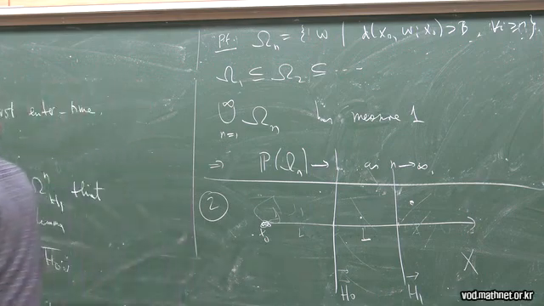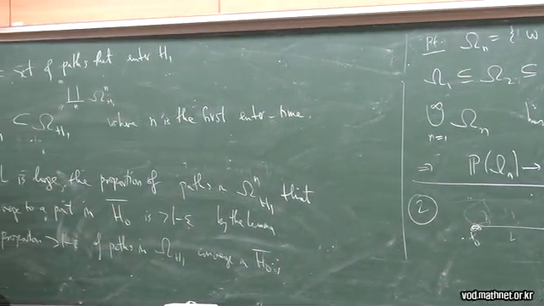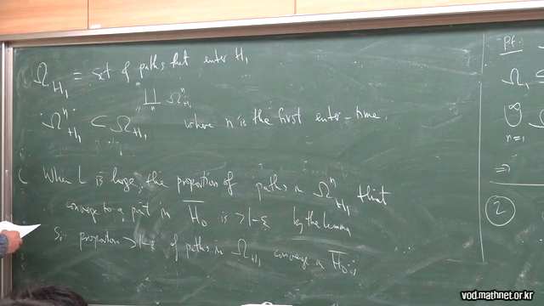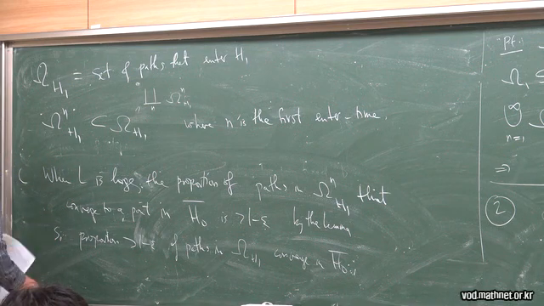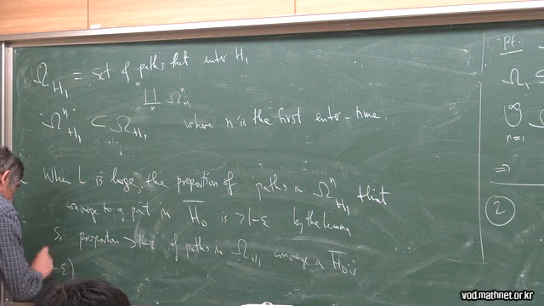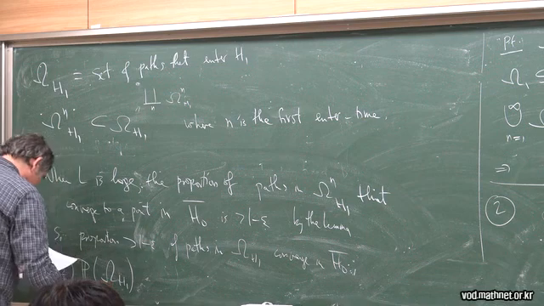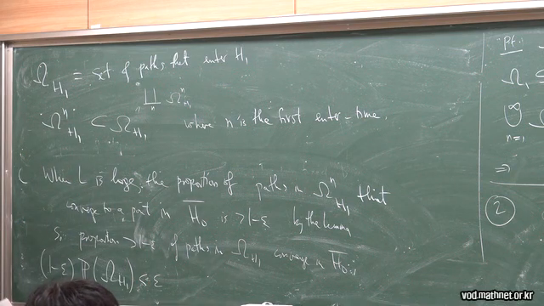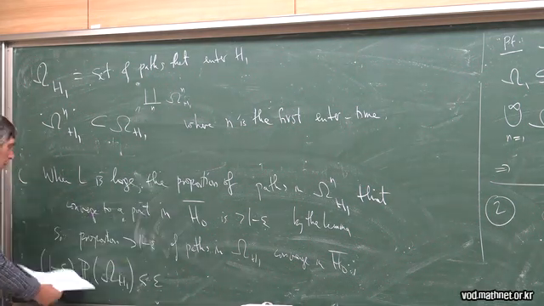So what you conclude is that 1 minus epsilon times the measure of omega h1 is less than epsilon. That's what it means. This is the proportion of paths that converge to h0 bar, but that whole thing is less than epsilon.